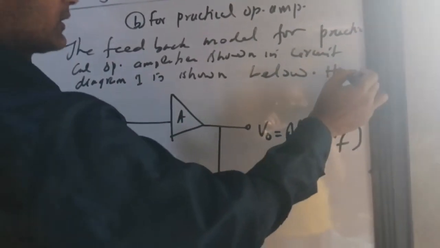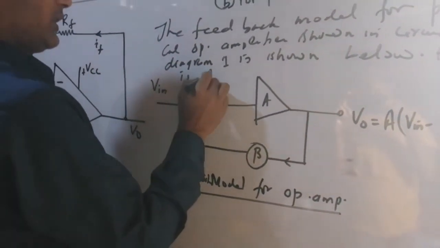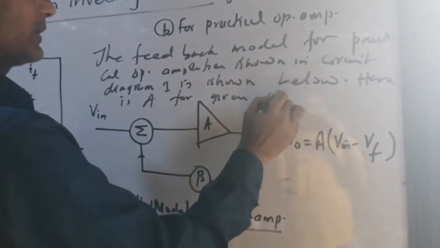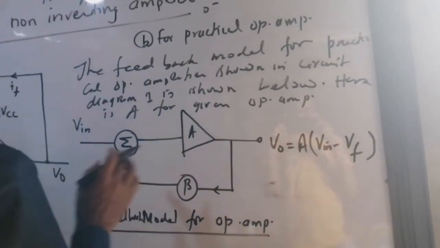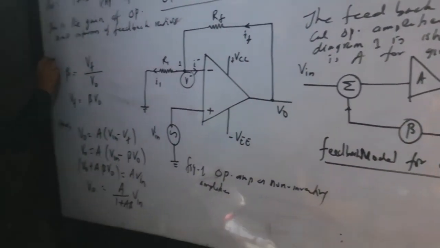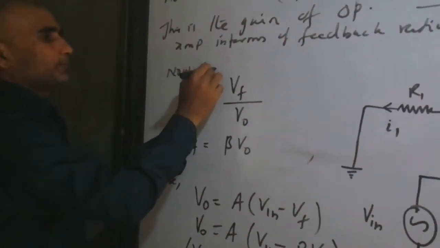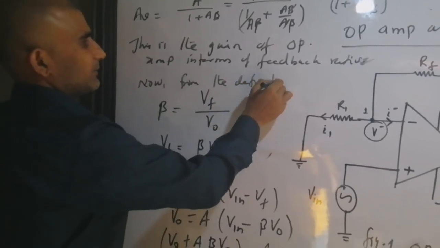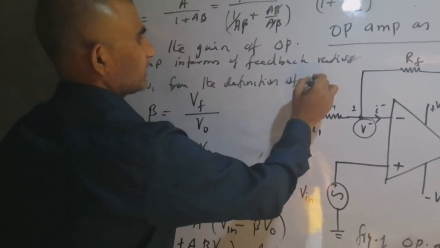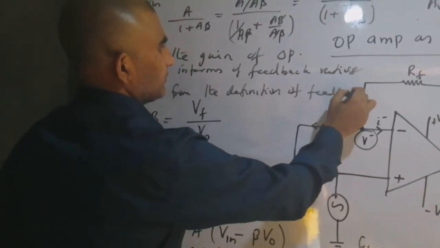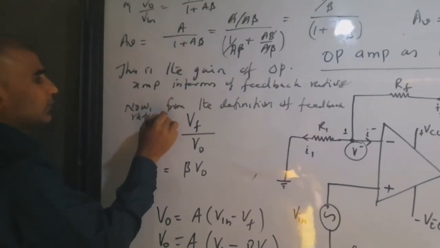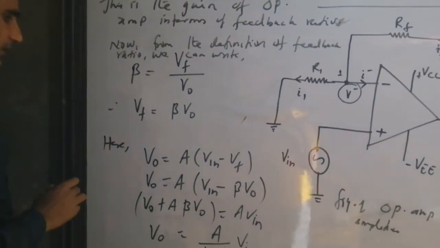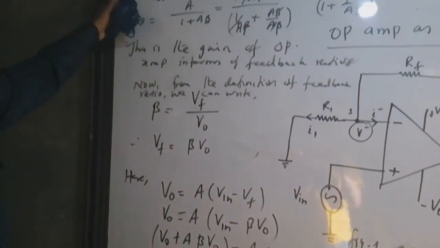Here the gain is A for the given op amp. So these things you write, and then you write this here. Now from the definition of feedback ratio, we can write, then you write down this up to here, and then you can write this and then this, and go on writing.